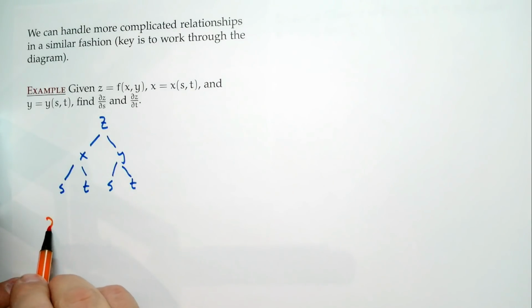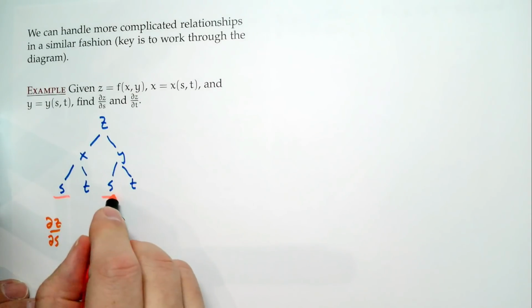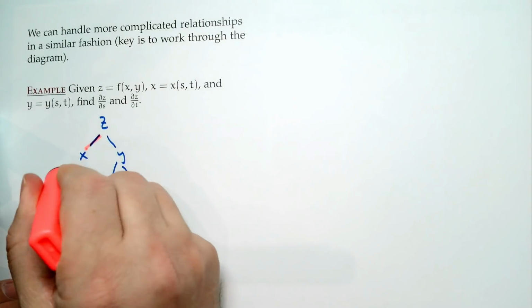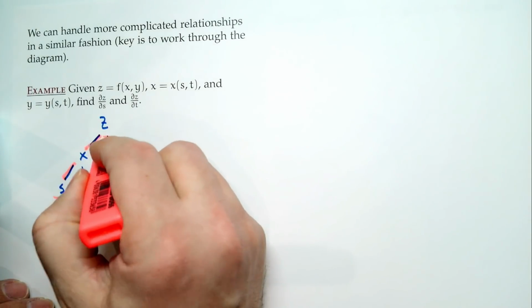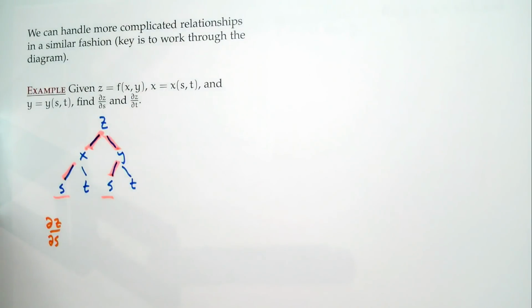So if I want to find partial z, partial s, I ask, okay, where are my s terms? There's two of them. And I look at how I can get to the s terms. So for every s term I have, I'm going to have a piece being added up.